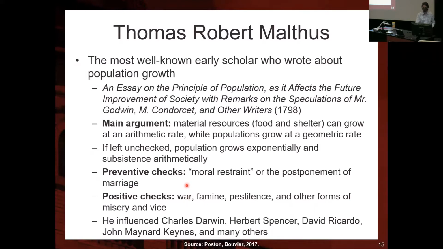What is important is that all his work on trying to understand the relationship between population growth and well-being influenced the work of several other scientists: Charles Darwin, Herbert Spencer, David Ricardo in economics, John Keynes in economics as well.